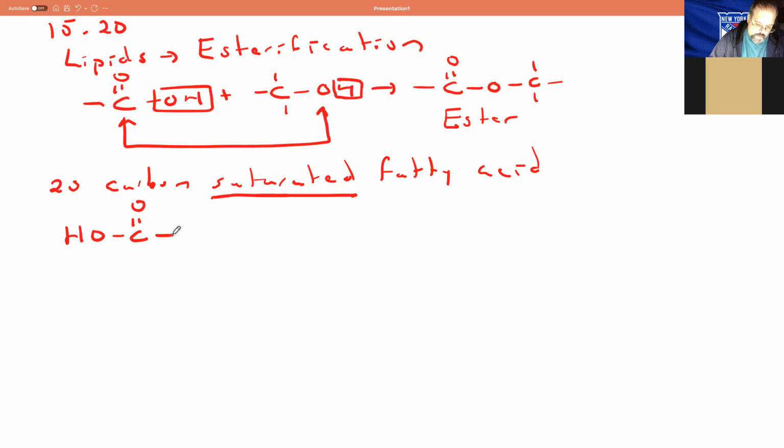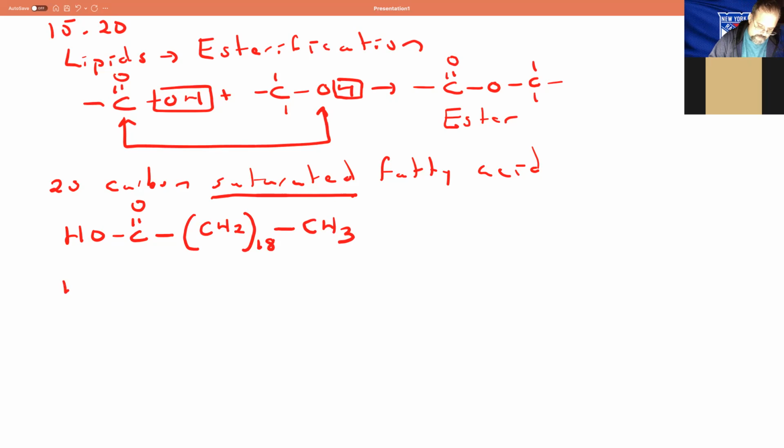Now, one of the shortcut methods of writing the structures of fatty acids, when you have CH2 groups connected to each other over and over again, is to put that in parentheses with the number of times it repeats as a subscript on the outside. So in this case, if we want 20 carbons total, you would have 18 consecutive CH2s, and then after the 18th and final one, you would have CH3.